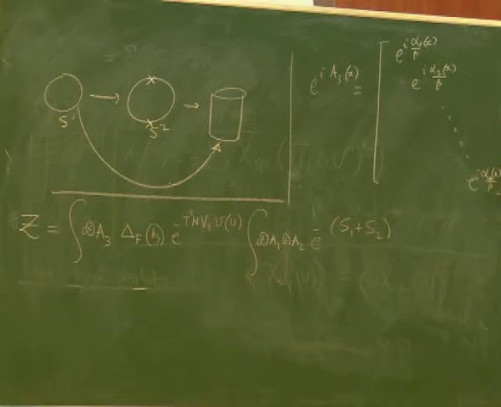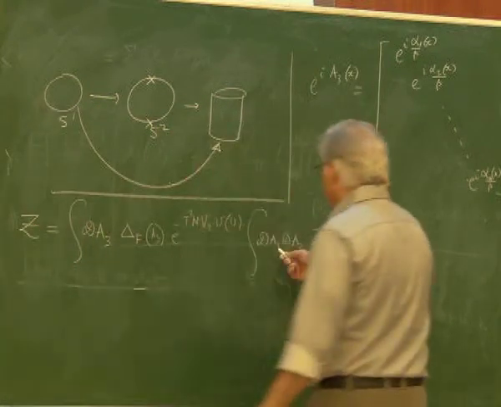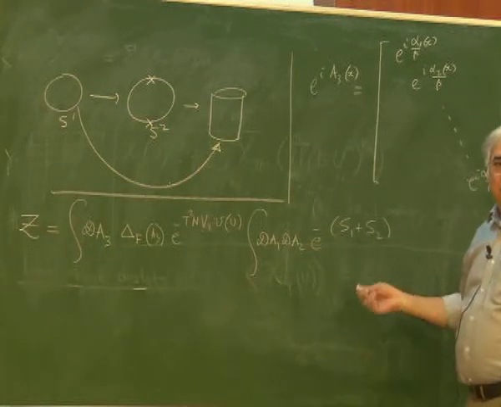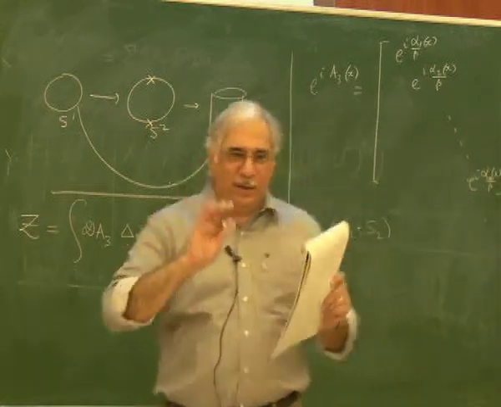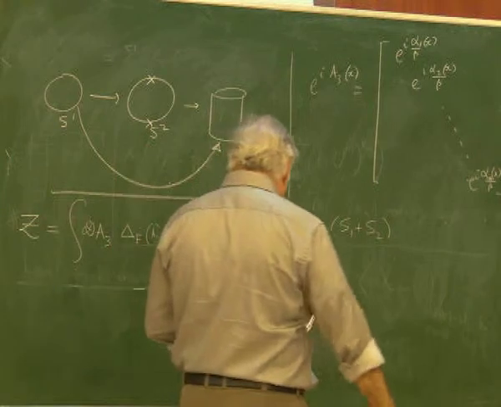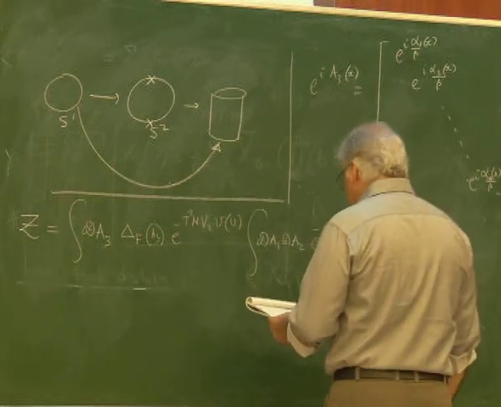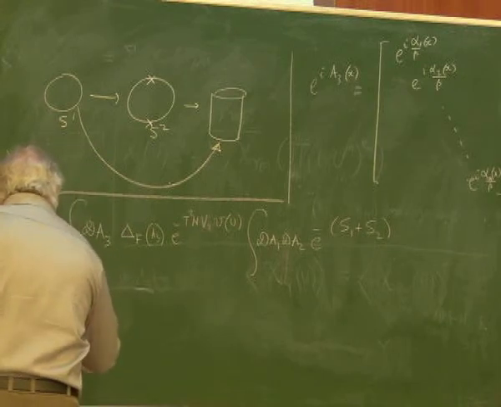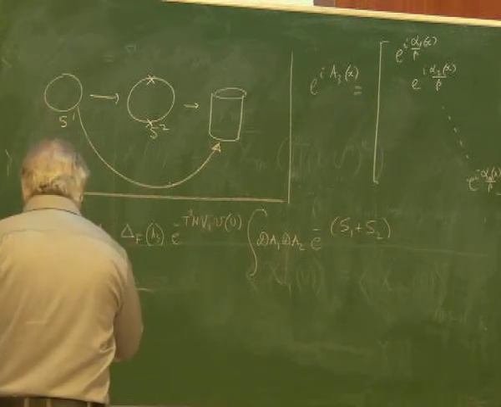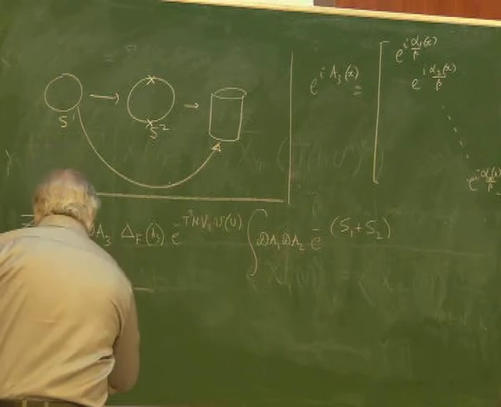And what I will do is that this is a Gaussian problem, and we will be able to do it. Subtle but doable, and that's what I'm going to do now. Okay, so here S1 turns out to be iK. I think I'll do the following.